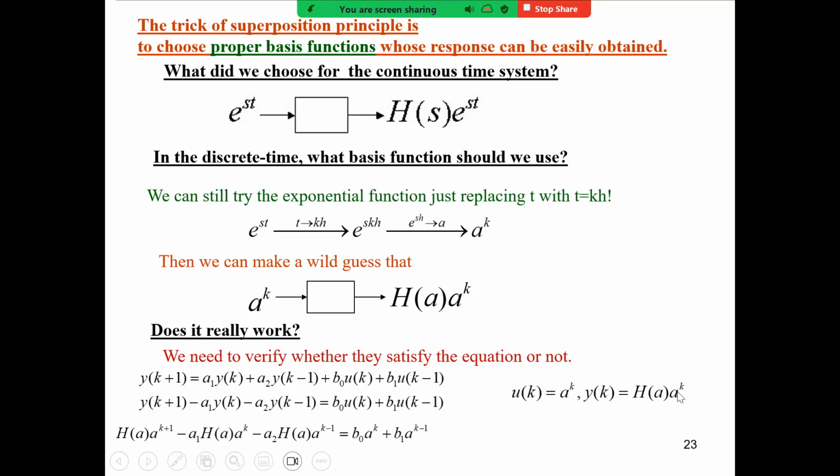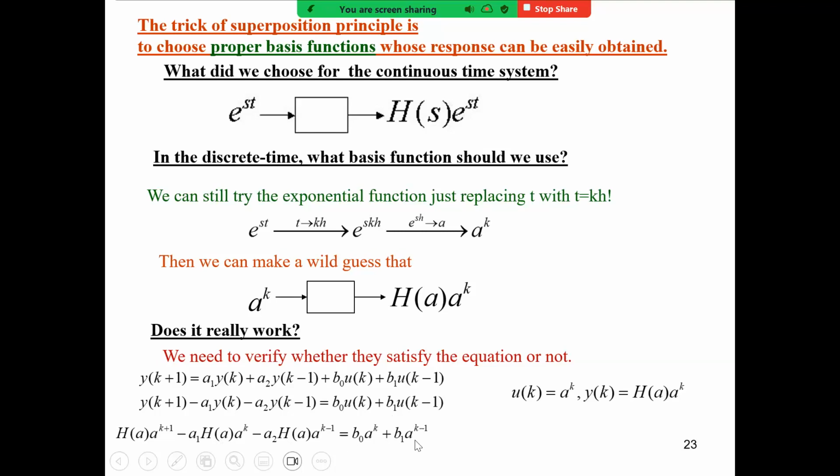So y at k plus 1 is just h of a times a to the k plus 1, which is a times h of a times a to the k. Now for k minus 1, this k becomes k minus 1. The input is a to the k, so u at k minus 1 is just a to the k minus 1. So what h should we choose to satisfy this equation?